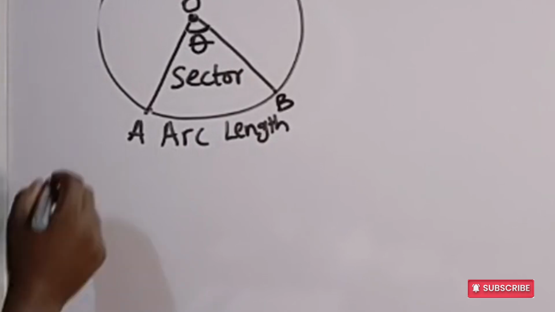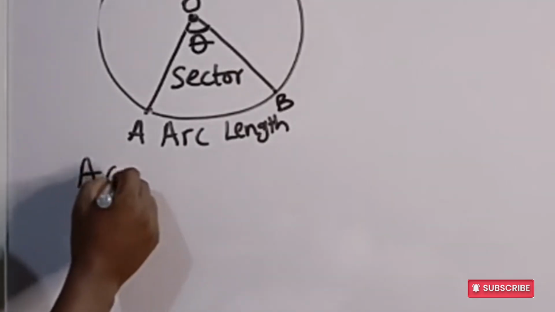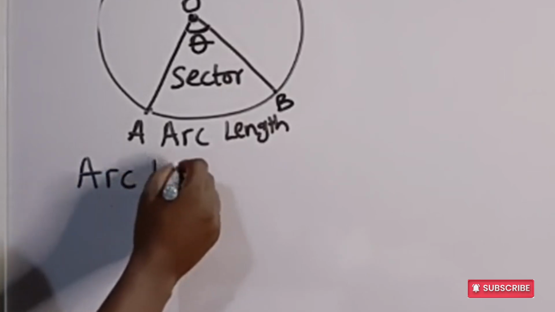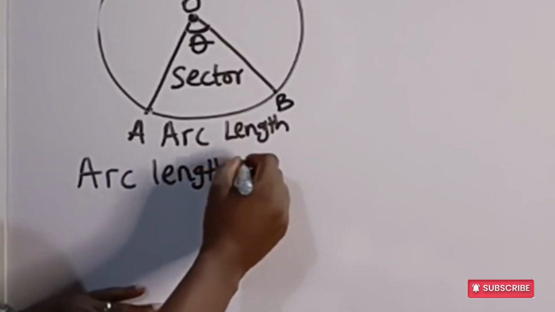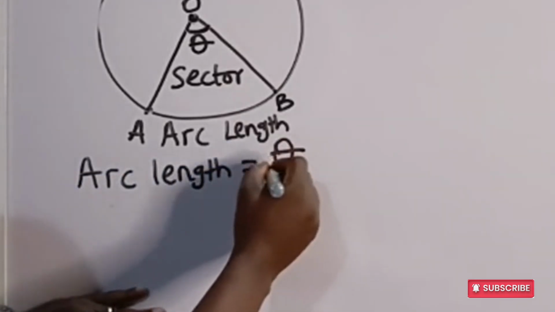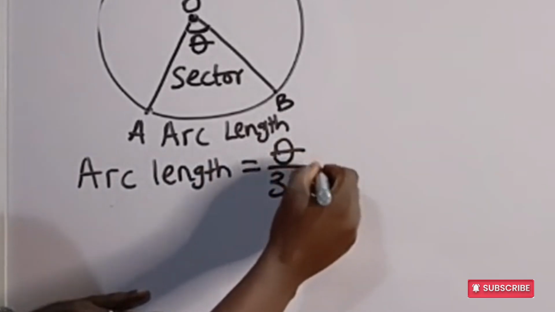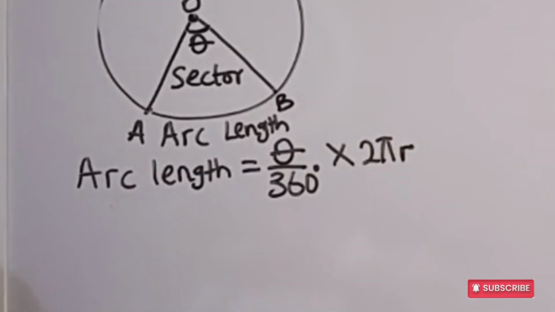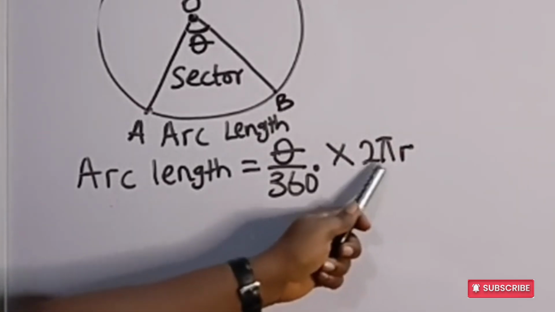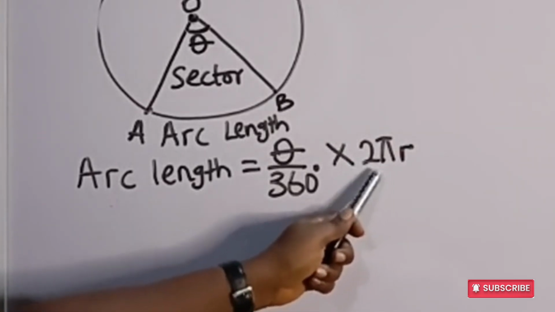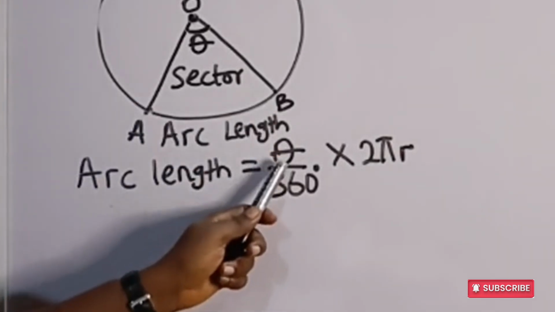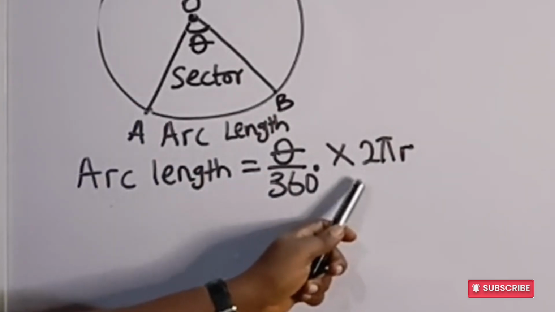So the formula for the arc length is equal to theta over 360 degrees times 2 pi r. So that's the formula for the arc length. Remember, 2 pi r is the formula for circumference of a circle. So since the arc length is a part of the circumference, the formula is theta over 360 times 2 pi r.